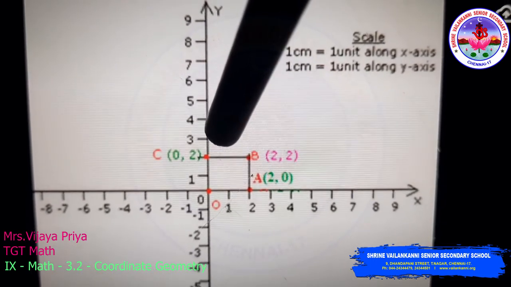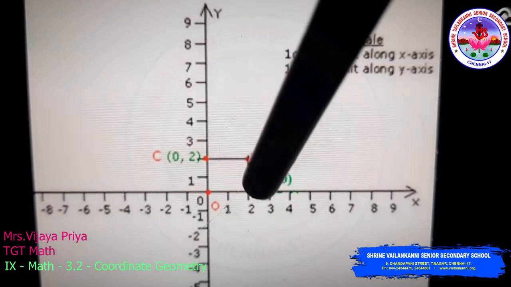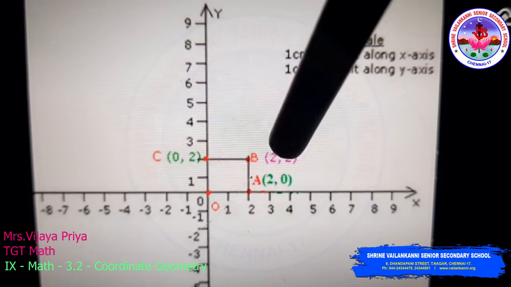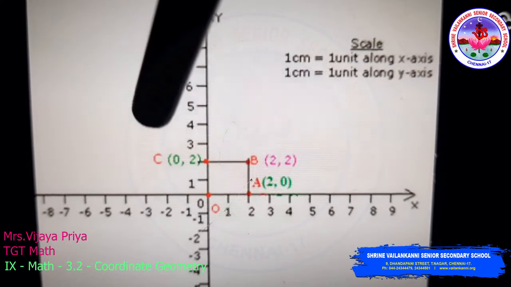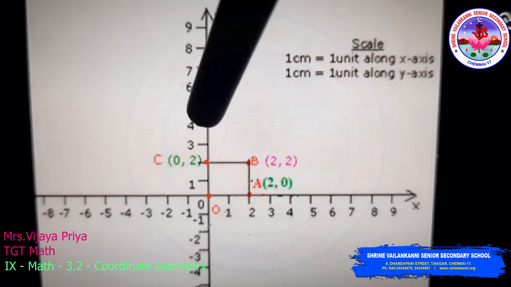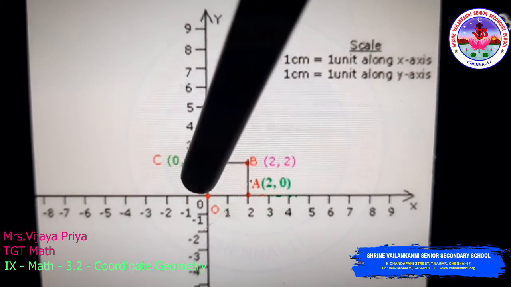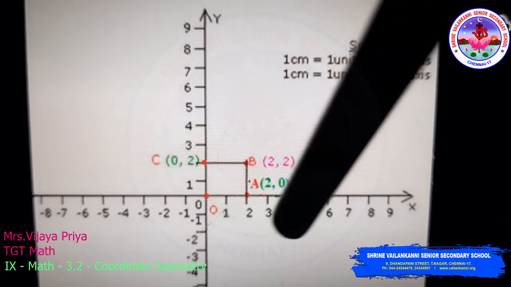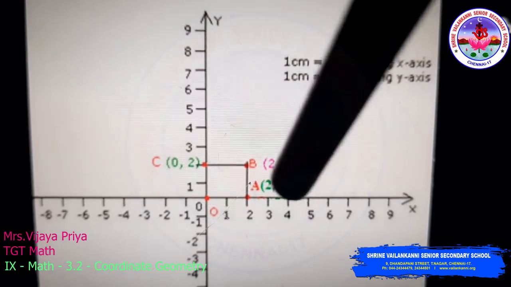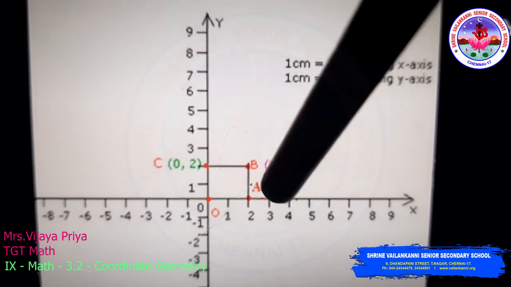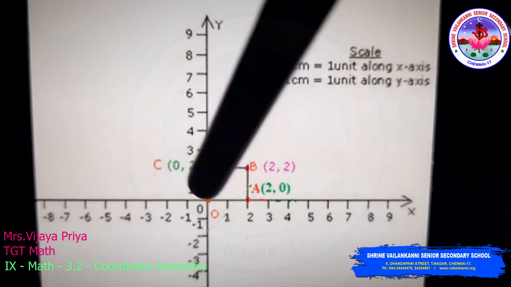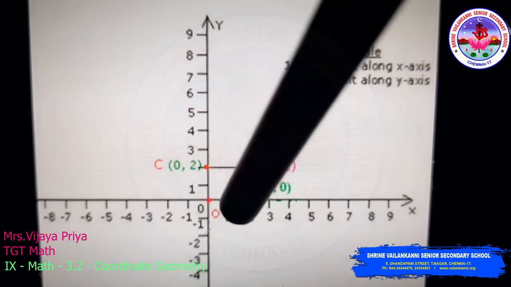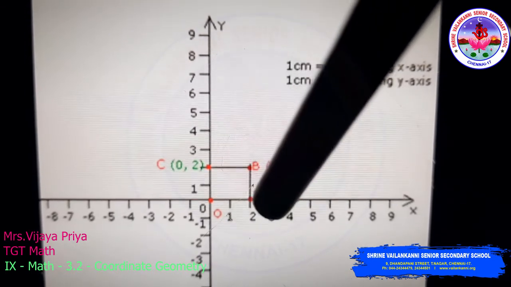Now we are going to join AB, BC, CO, and already the AO line is there. Now we are going to see what figure is obtained here, where from O to A we have 2 units, 0 to 1, 1 to 2.